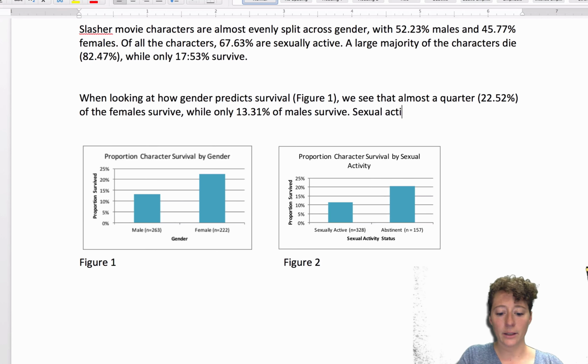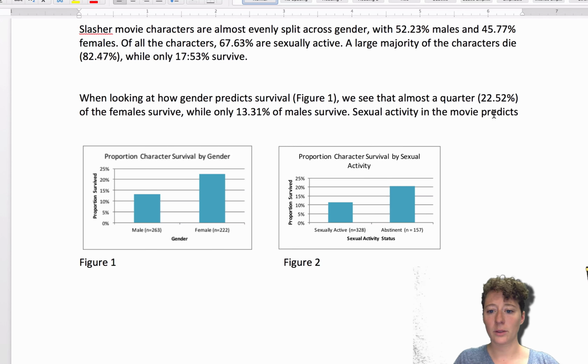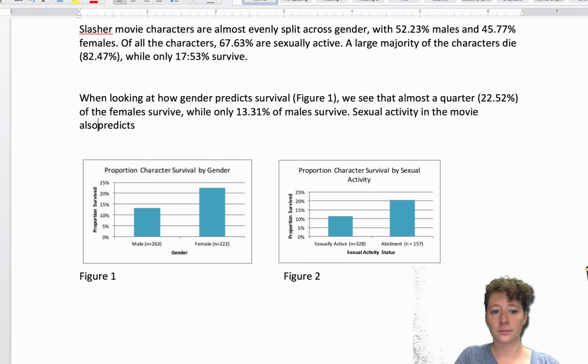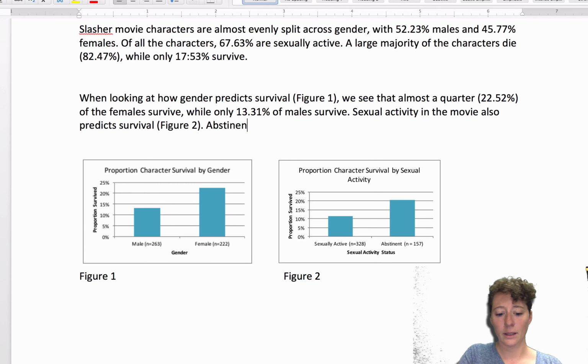Sexual activity, on the other hand, in the movie predicts survival. And I'm going to draw their attention to figure 2. So abstinent characters, what did we say?